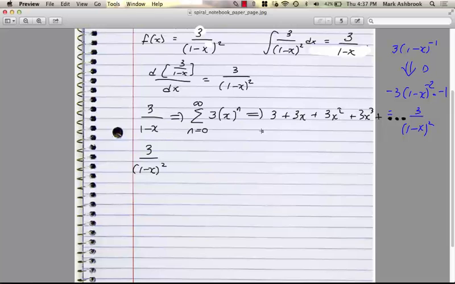So we can just take the derivative. What is the derivative of this polynomial? It would be 0 plus 3 plus 6x plus 9x squared. The next one would be 3x to the fourth, so what would that be? 12x cubed?